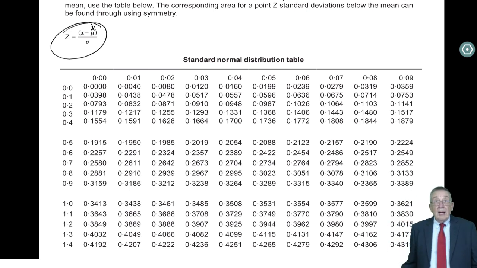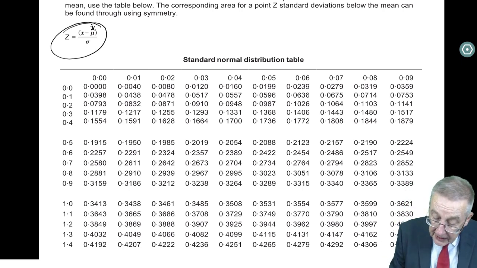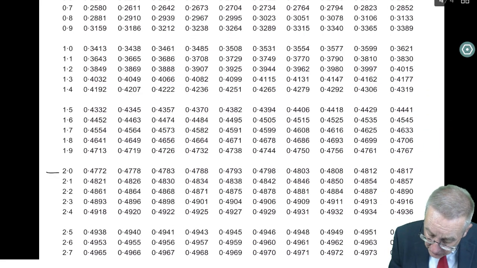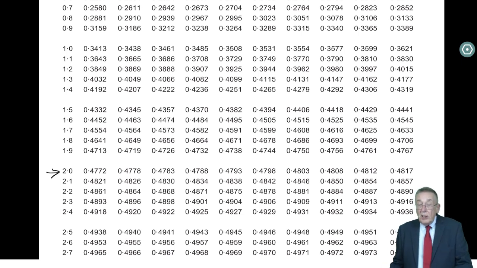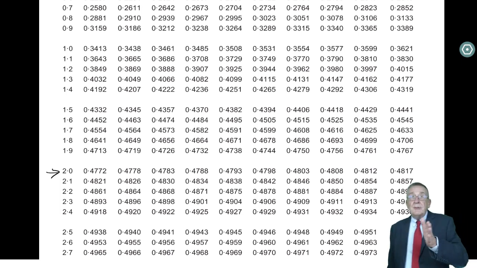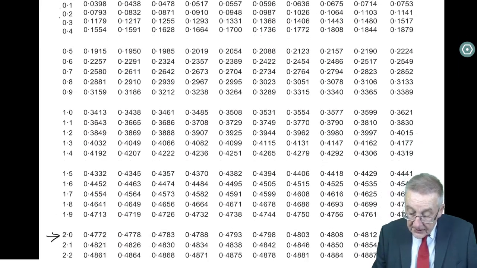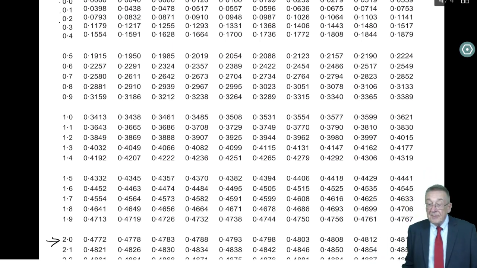Well, how many standard deviations away are we? It's 2 away. So we go down the side. We need to go further. There, 2. And the reason we've got columns is it gives you a second decimal place. So if you look at the headings for the columns, the first column is 2.00, the second column is 2.01, the third column 2.02, and so on.